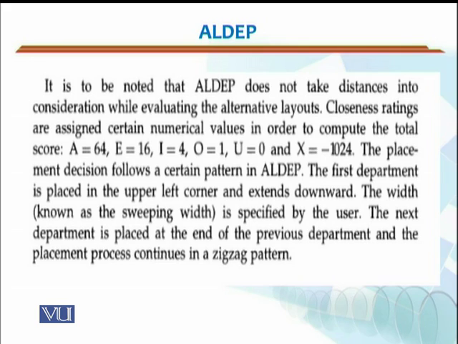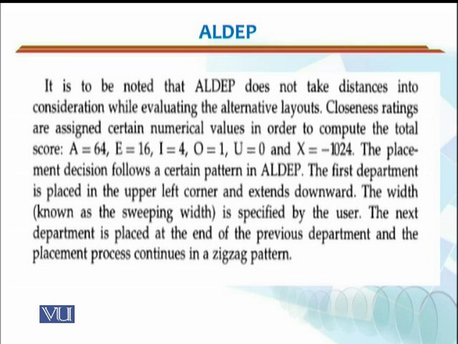These are the scores which you have assigned. You can assign any score. The scoring would be the same for all layouts, and you will add them and come to the total score. That would be the procedure. Then the placement decisions follow a certain pattern in LDEP. The first department is placed in the upper left corner and extended downward. So this is how the algorithm goes for the placement.